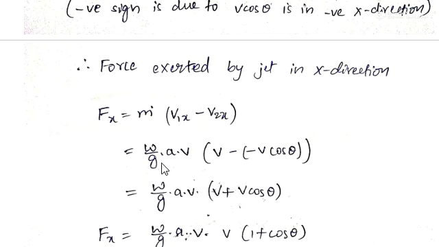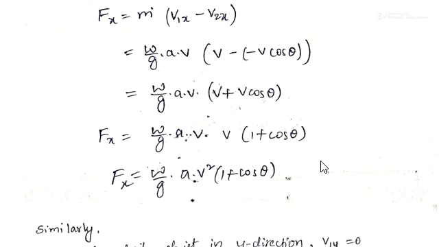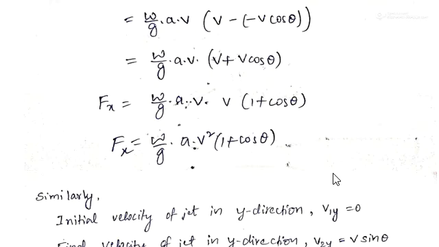When you simplify, w by g into a into v, minus of minus becomes plus, v plus v cos theta. Taking v common, it is 1 plus cos theta. So this will be w by g into a into v square into 1 plus cos theta. This is the force in the x direction, Fx.